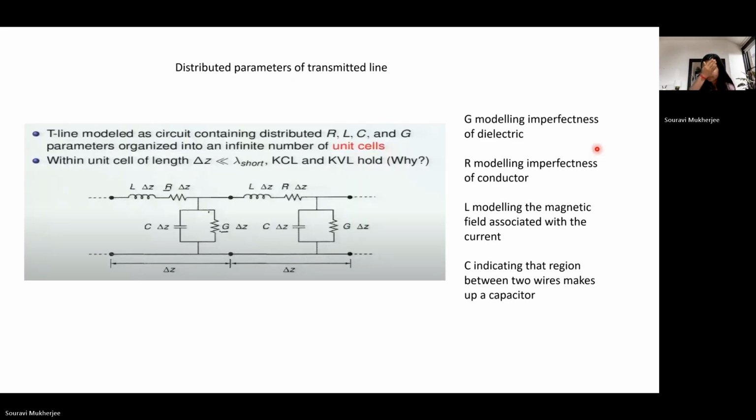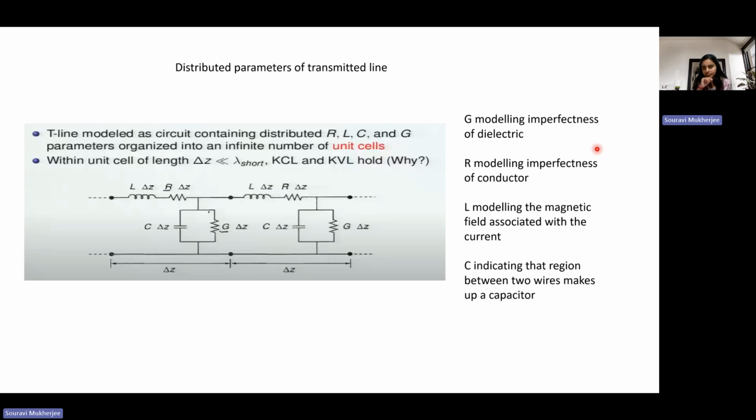Now, that means when we are in the distributed regime, we will actually have to consider the effect of your transmission line, right? The effect of the transmission line is defined in terms of a few parameters, which we call the distributed parameters. Why do we call them distributed parameters?